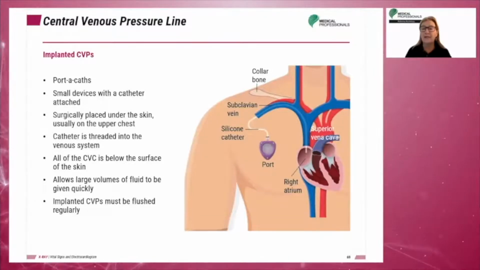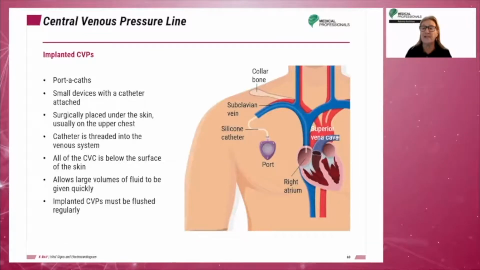When in place, all of the CVC is below the surface of the skin. This allows large volumes of fluid to be given quickly, or medication that is irritating to be administered easily into a large vein.